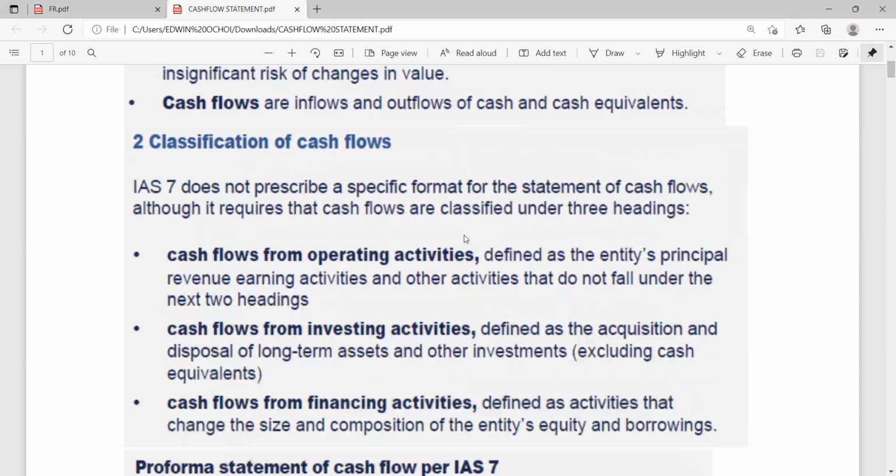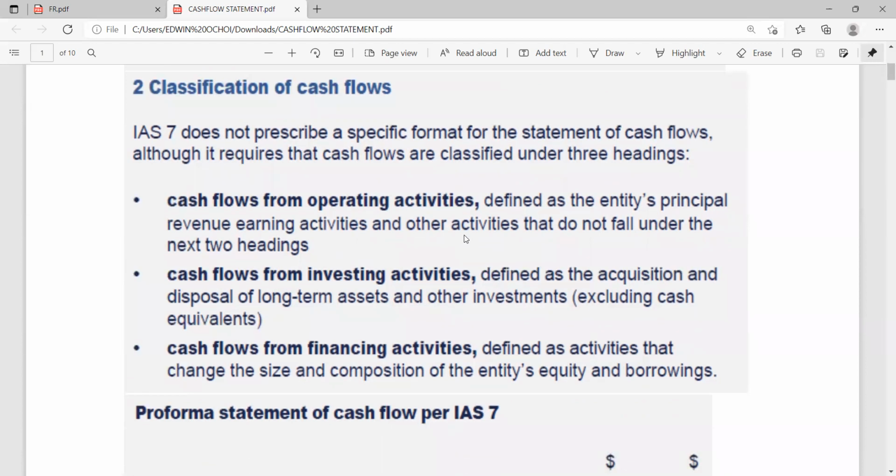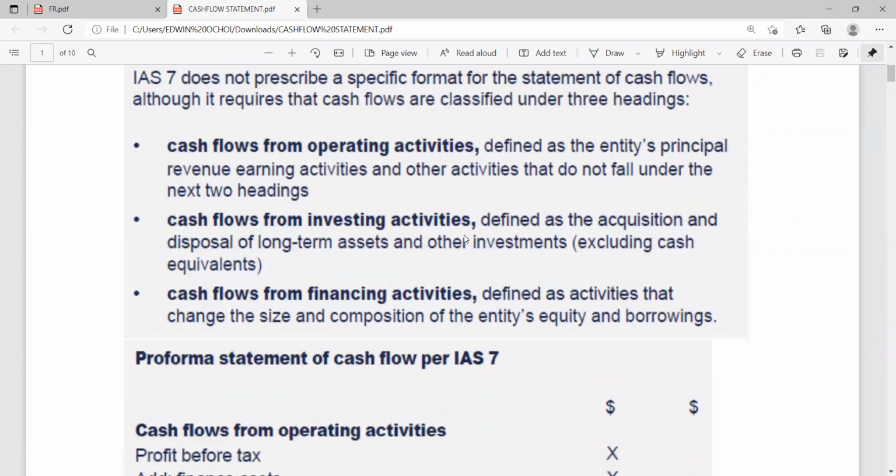IAS 7 does not prescribe a specific format for the statement of cash flows, although it requires that cash flows are classified under 3 headings: cash flow from operating activities, cash flow from investing activities, and cash flow from financing activities. Cash flow from operating activities is defined as the entity's principal revenue earning activities and other activities that do not fall under the next 2 headings.